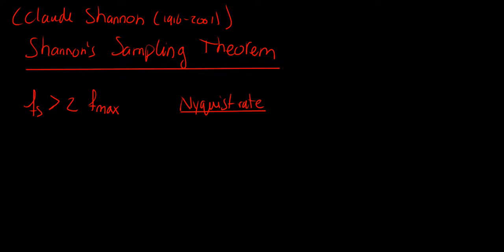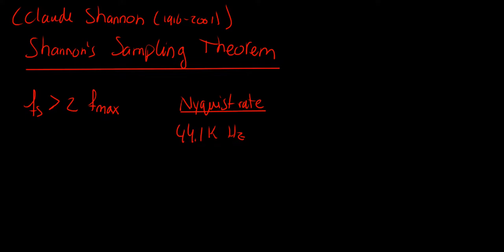That's why you always see on CDs that the sampling frequency is 44.1 kHz or something, because it is twice the hertz range that we humans can hear, about 22,050 or something.